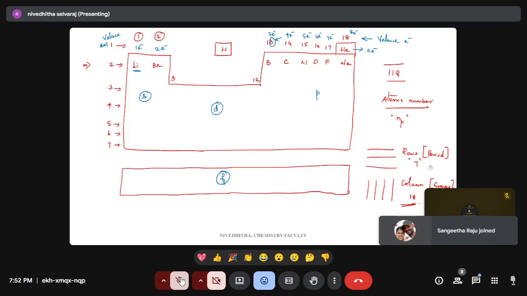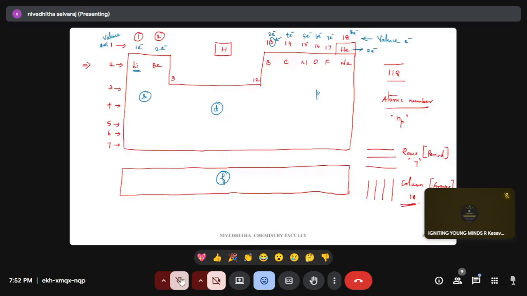So now we're going to start with periodic properties and their trends. What are the periodic properties you are familiar with? Atomic radius, ionic radius, very good.